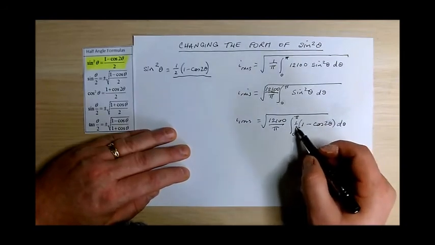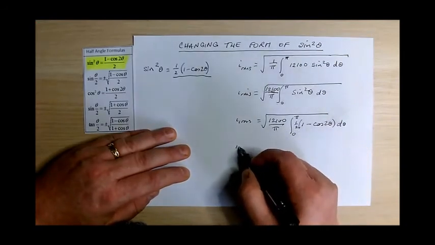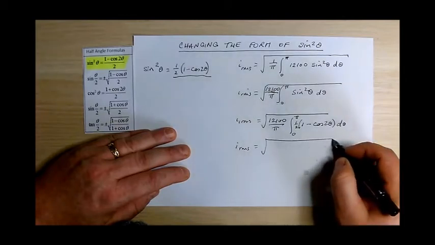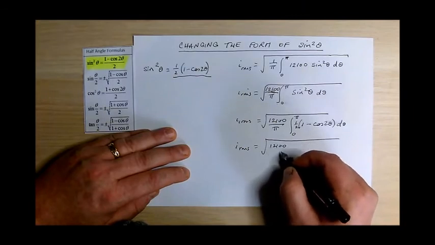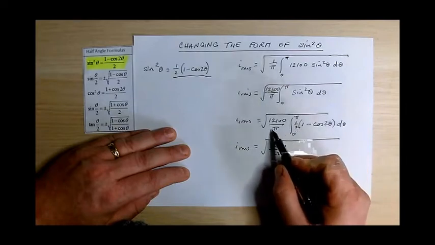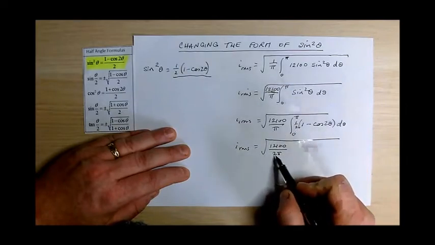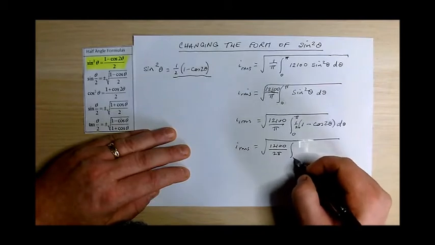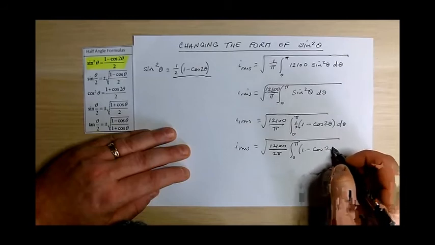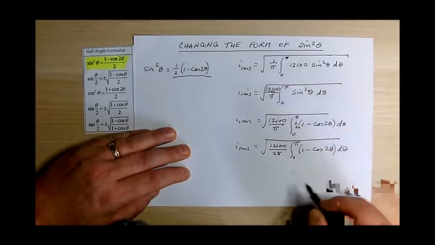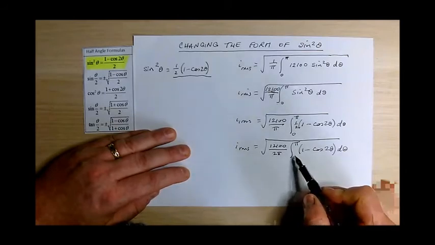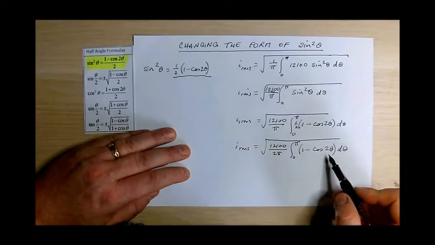Again, the half can be moved outside. So 12,100 over 2 pi, that's our half, so 2 is on the bottom of the fraction, from 0 to pi, 1 minus cos 2 theta d theta.